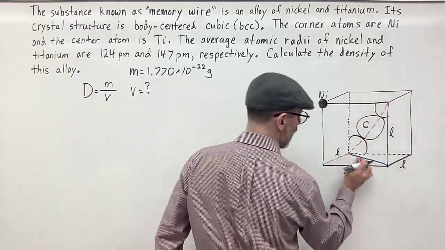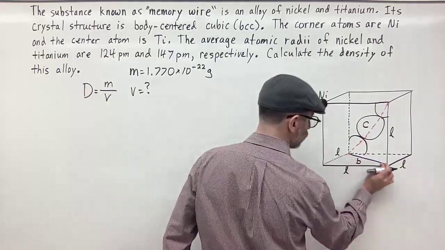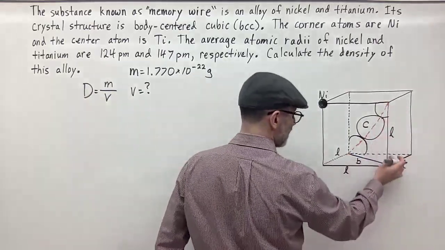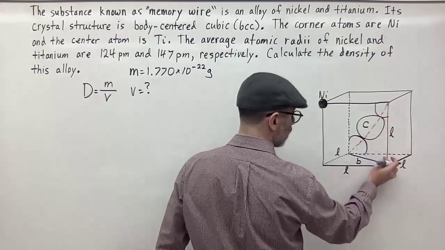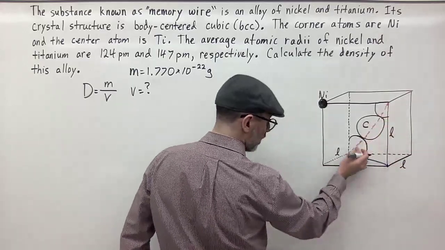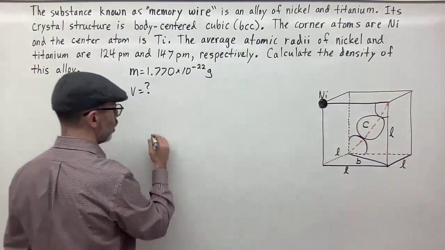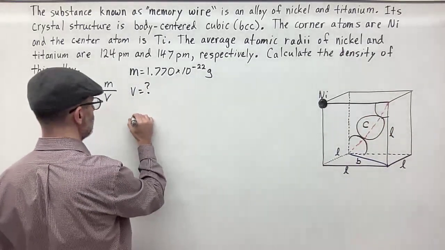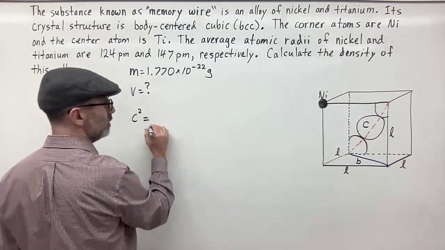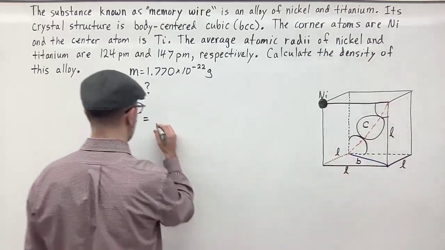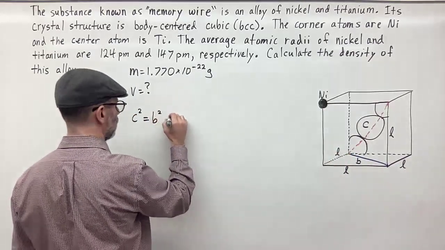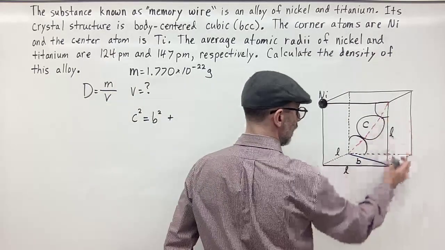So this side of the triangle squared plus this side of the triangle squared is equal to this side of the triangle squared. So that means that C squared is equal to B squared plus L squared.